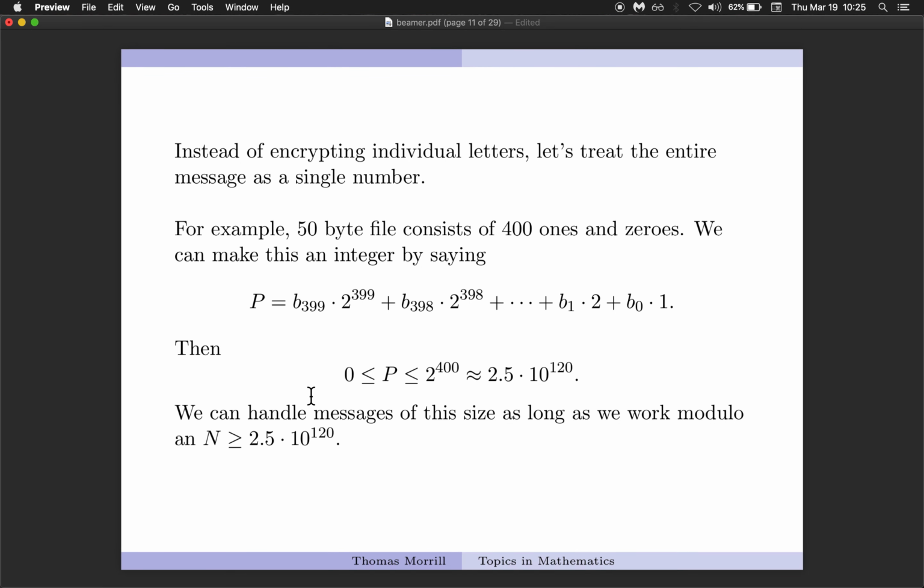So how does RSA encryption work? We're going to take a page out of Diffie and Hellman, and we're going to use exponents modulo n.